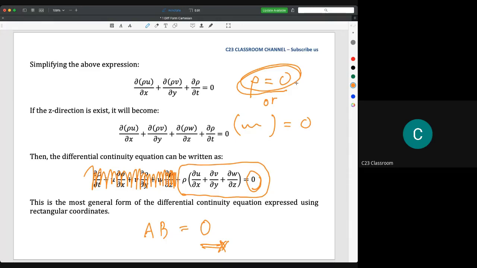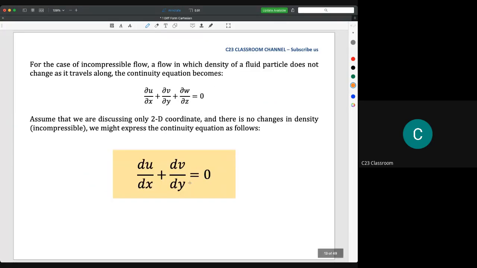Oleh itu density tidak akan kosong. Density kosong membawa maksud tidak ada sebarang elemen. So density tidak akan kosong membawa maksud hanya nilai di dalam bracket sahaja yang akan kosong. Oleh itu kita boleh tulis sebagai ini sebagai continuity equation untuk Cartesian coordinate bagi keadaan incompressible flow.